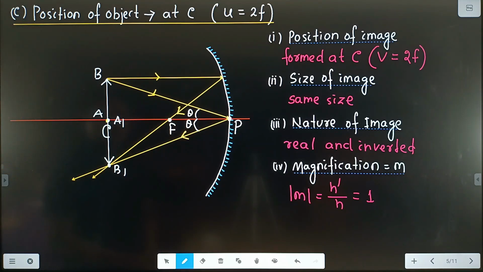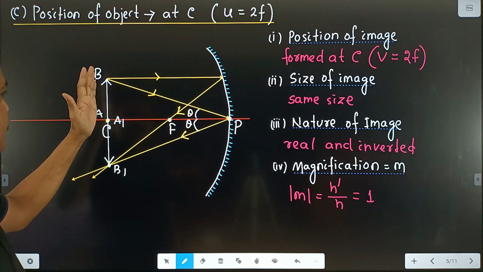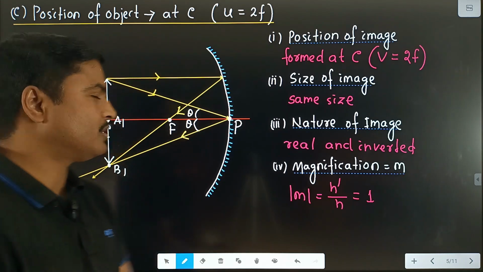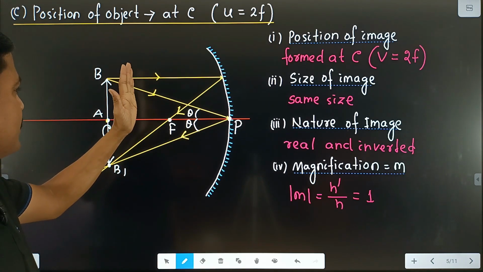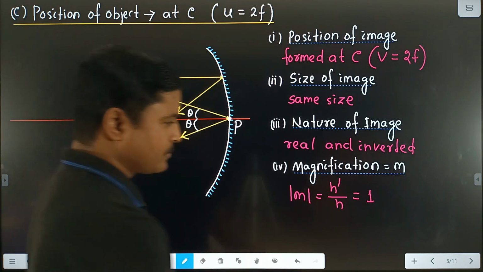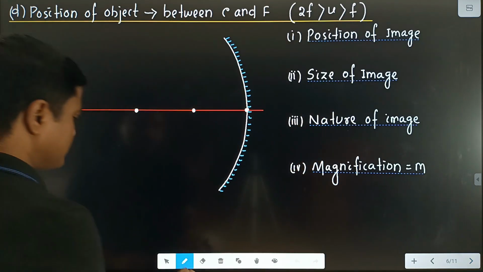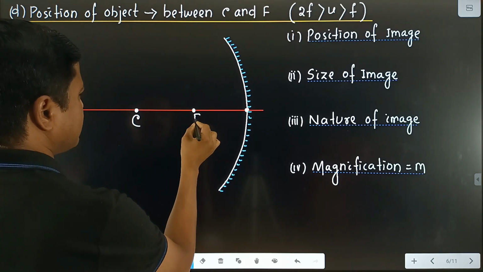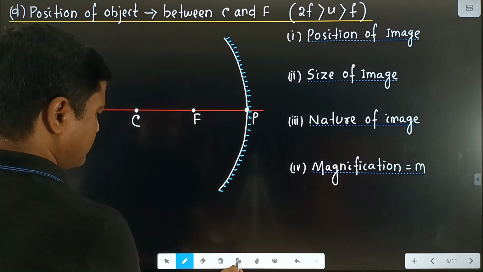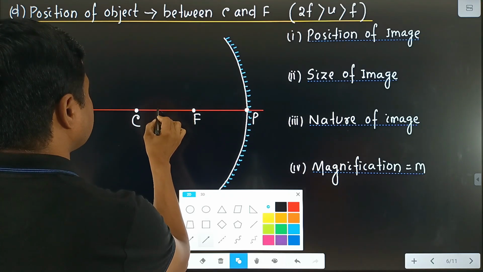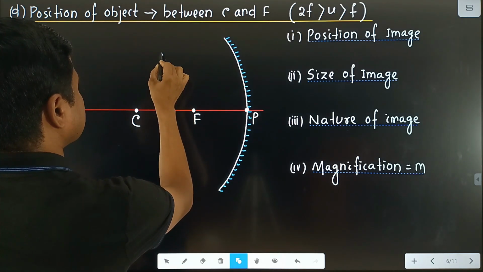Next, if we move the object again towards the concave mirror, the next position of the object is this one, in between center of curvature and focus. The object is situated in between center of curvature and focus. This one is the height of the object.